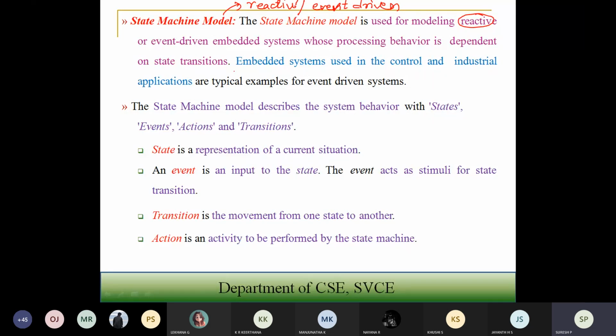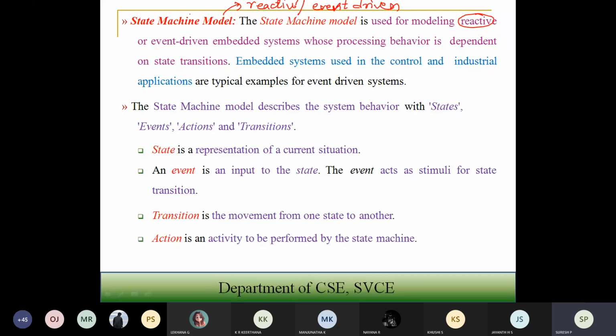So this particular modeling is going to be used for reactive or event-driven embedded systems, where the processing behavior is dependent on the state transition. You are going to have different transitions of states from one state to another.